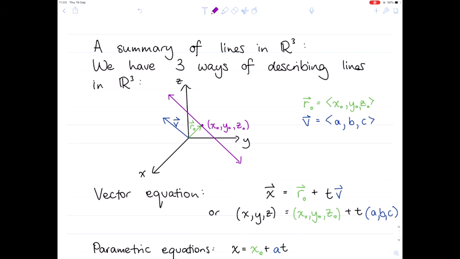So just to summarize, because we've done quite a lot, we have 3 ways of describing lines in 3 dimensions, and they all rely on 2 bits of information. They rely on knowing a point P on the line, which has position vector r0, and we rely on knowing about the direction the line goes in, which is some vector v.